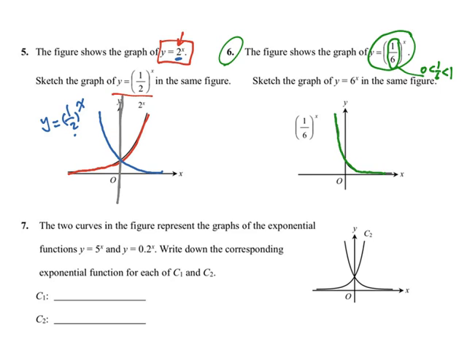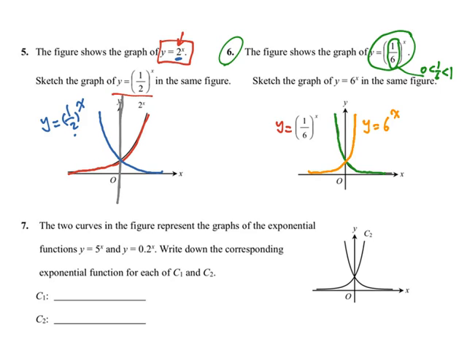For opposite graph, that means reciprocal. 1 over 6, the reciprocal is 6. So it looks like a mirror on the y-axis. So the graph is like this. So this graph is y equal to 6 to the power x. And for this one, 1 over 6, they are totally opposite.